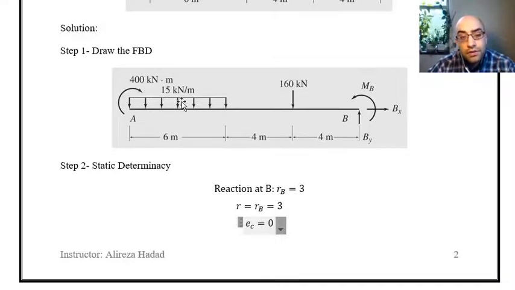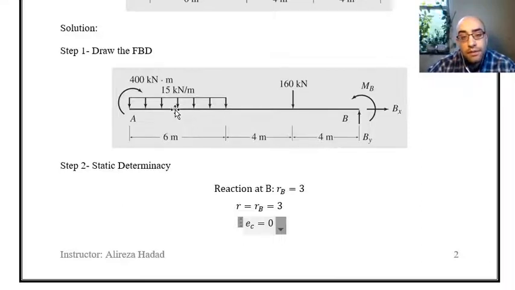Then I have this distributed load, which I can replace with a single load in the middle of it, and the magnitude of the load should be the area under the uniformly distributed load. So that will be 15 multiplied by 6, located at 3 meters from point A over here.